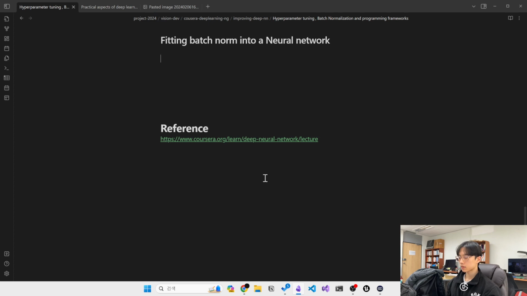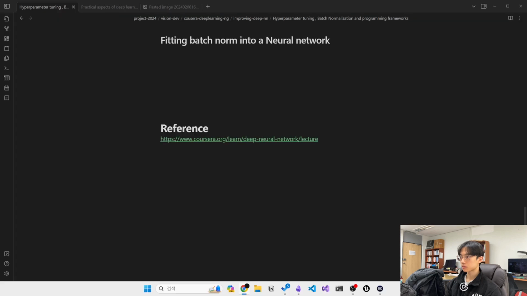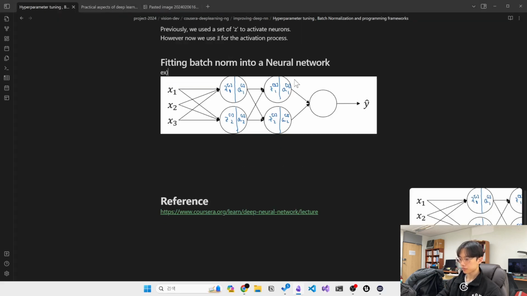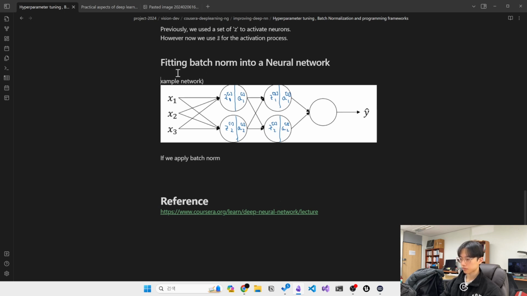But what we'll do in Batch Norm is take this value Z1 and apply Batch Norm, sometimes abbreviated BN, to it, and that's going to be governed by parameters beta 1 and gamma 1. And this will give you this new normalized value Z tilde 1. And then you feed that to the activation function to get A1, which is G1 applied to Z tilde 1.